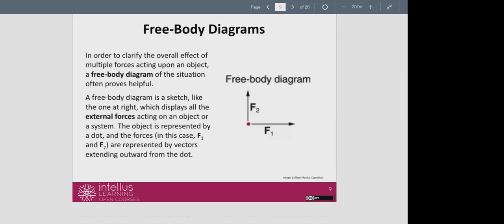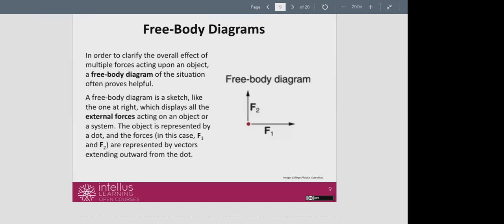So we can imagine that dot being any object. What we imagine doing is taking the object and collapsing it into a dot. So that little red dot could be representing the Earth. It could be representing a car. It could be representing a person.